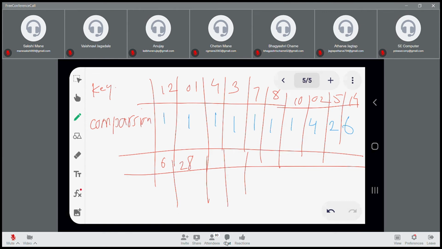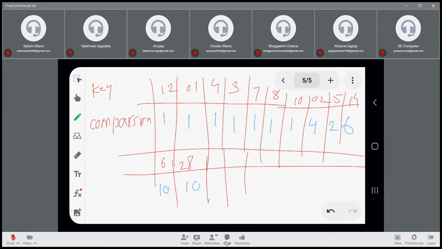Now your table size is from 0 to 9. So to place 6, you have to do 10 comparisons from 0 to 9 until you get the exact position to place the 6. The number of comparisons required is 10.